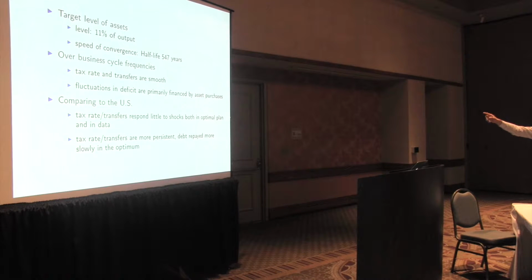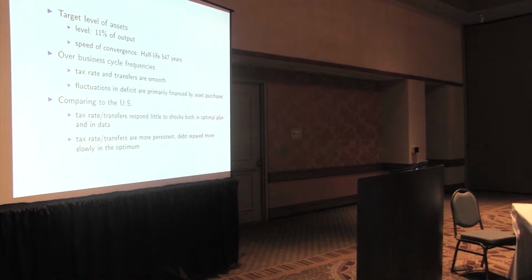And when we compare those properties to actual US taxes and transfers, we find that both in the data and in the optimal plan, on impact, things do not move that much. Tax rates are not that volatile in the data, and they're not that volatile in the optimal plan.